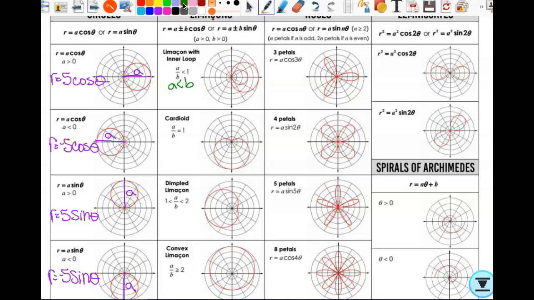Because you basically have 2 loops there, you have 2 r values. Even though this is the diameter, this is an r value because it's the radius measured from the pole. Same thing here. We have this length here, which is a plus b, and then we have this length here, which is a minus b.